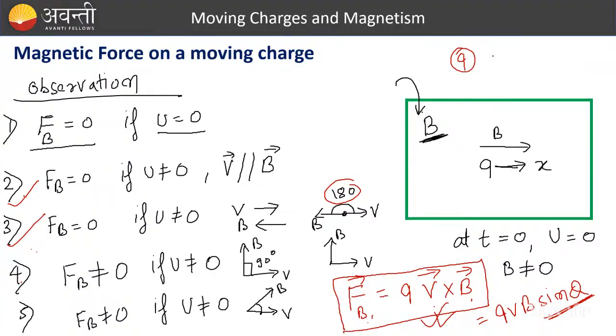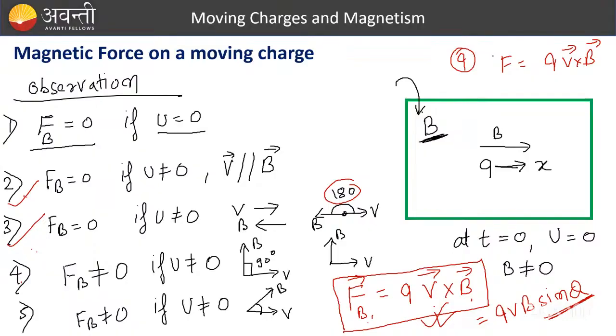So basically the force that you are getting is the cross product of velocity and magnetic field. So the formula of force that we are getting is q v cross B, where q is the amount of charge it is having and B is the value of magnetic field present in the region. Okay?